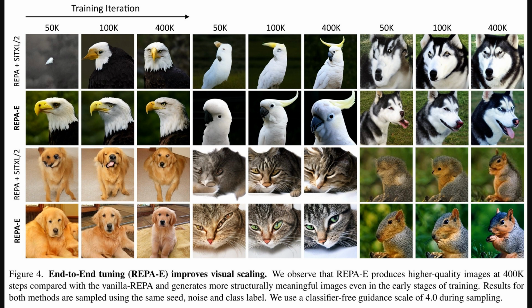It's pretty clear the REPA-E images, on the bottom rows, look much more coherent and higher quality, especially early on. Even at 50K steps, they seem better formed, and by 400K steps, the improvement is really noticeable. This really shows that end-to-end tuning with REPA-E translates to better pictures, faster.